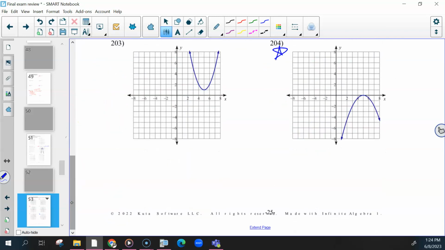For 204, we're looking for where does this one cross the x-axis? It only crosses it once. 5, 0. So for these, you can have 2 solutions, 1 solution, or none. Other questions on this page? Go on to the next.